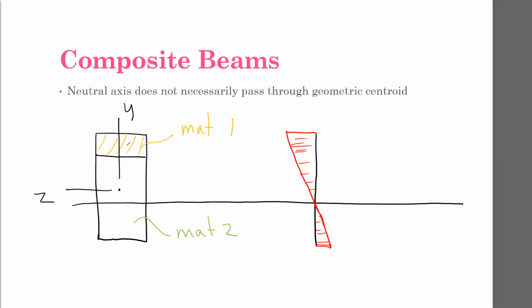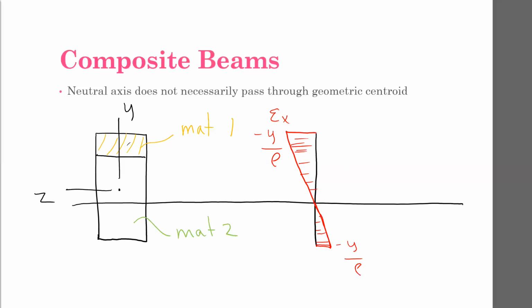The strain at your top is larger than the strain at the bottom. Both of those are negative y over rho, except on the bottom, y itself is negative, so that ends up being a positive value, assuming that this is a positive moment.